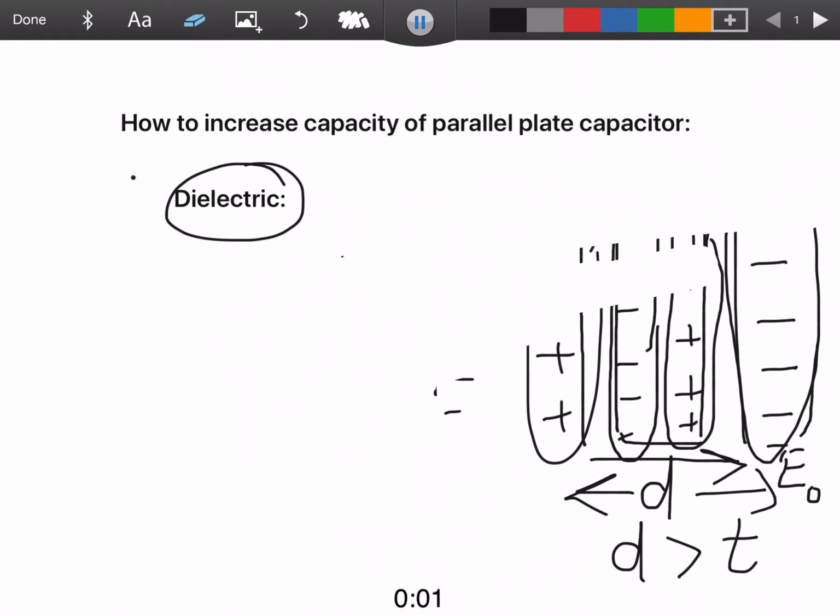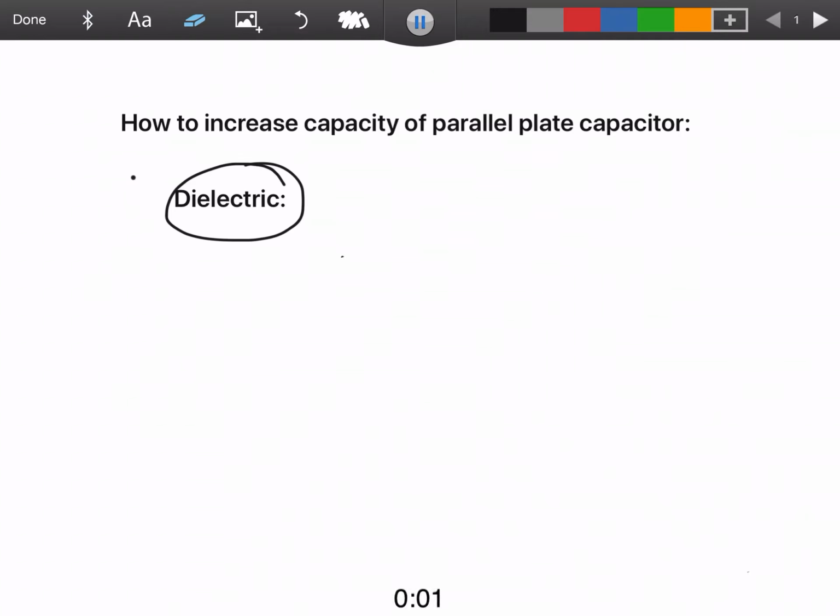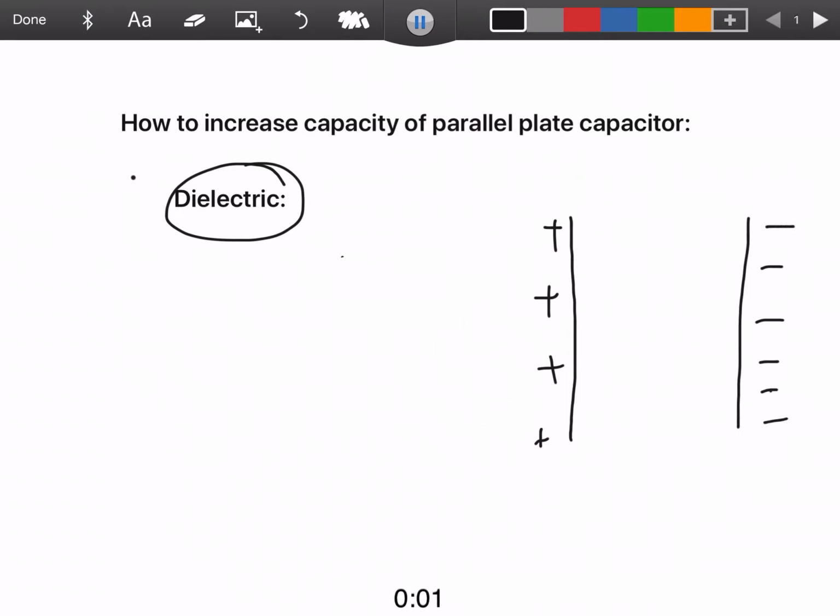So I will be redrawing this diagram so that we can move further with the derivation. So we have two plates of parallel plate capacitor, and electric field between two plates is E naught.